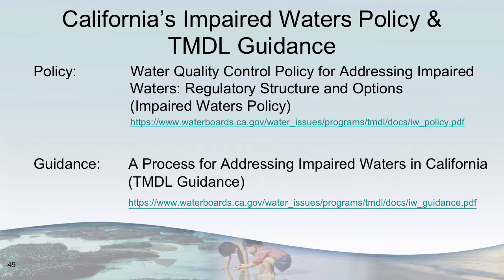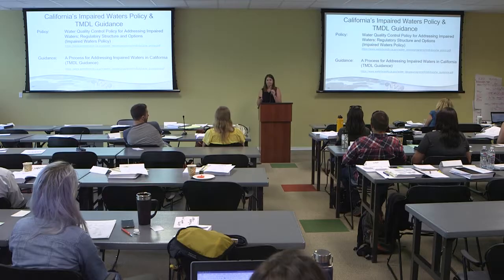It's seeing its age a little bit, but it does include for California some good guidance for if you're getting into the traditional TMDL world, referencing back to EPA guidance: how to do a problem statement, source analysis, develop your allocations, linkage analysis, margins of safety, all of those different components that we need to have in TMDLs. There's some good guidance for that at a statewide level that is available at that link.